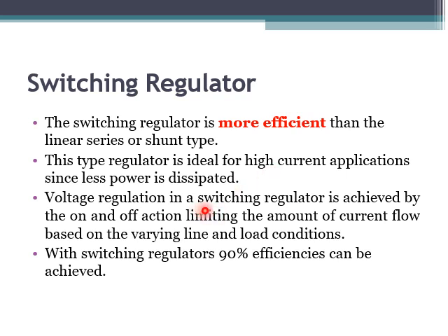Voltage regulation in a switching regulator is achieved by the on and off action, limiting the amount of current flow based on the varying line and load conditions. With switching regulators, 90% efficiency can be achieved, and you can obtain a pure DC compared to series and shunt.